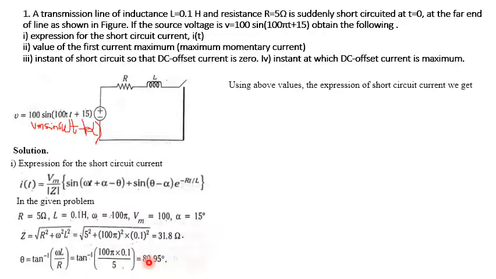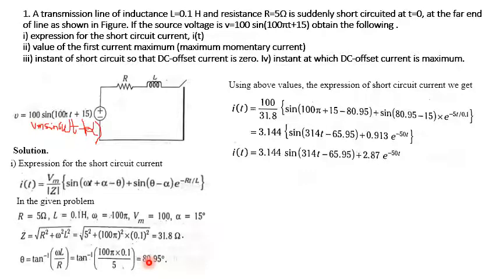So using these expressions, substitute all these things in this equation. Vm value is 100, Z value is 31.8, omega value is 100 pi, alpha value 15, theta value is 80.95, similarly theta value is 80.95, alpha value is 15, R value is 5 and L value is 0.1.